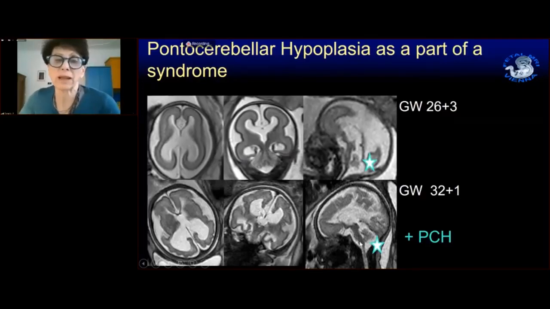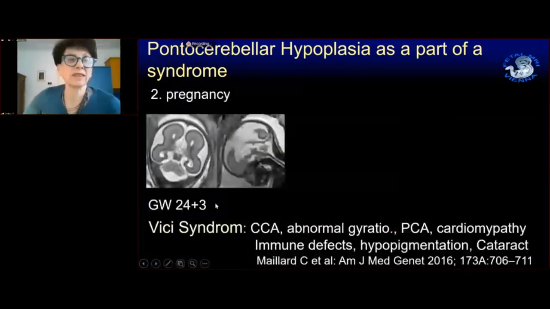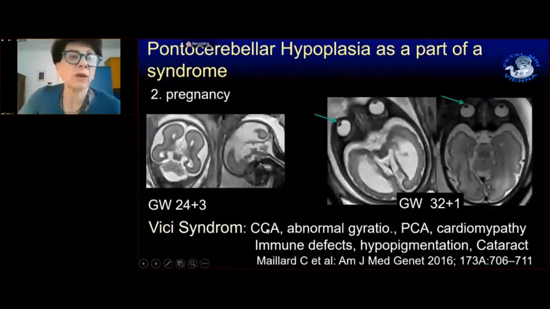And this fetus had a sibling later, and it turned out to be Vici syndrome with corpus callosum agenesis, abnormal gyration, and pontocerebellar hypoplasia. So this is a disorder of axon guidance.